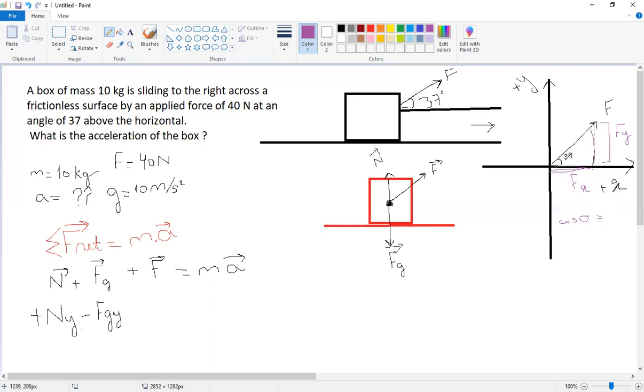This is the angle we are talking about, which is theta, which is 37 degrees. Adjacent is the Fx over F. The hypotenuse is the side facing the 90, and this is F. So if you want to find Fx, Fx is F cosine theta, F times cosine theta.